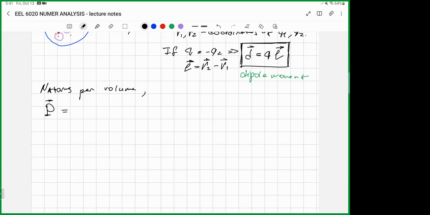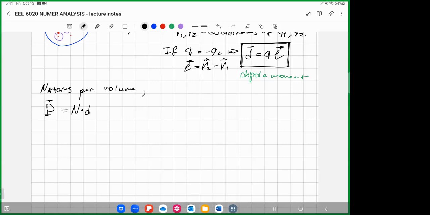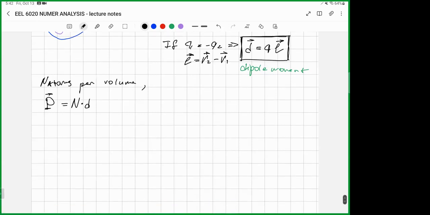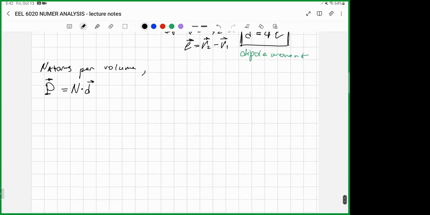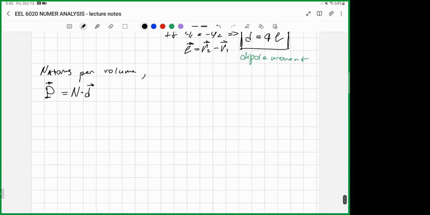Okay, and it's equal to the number of atoms times the dipole moment of each single atom. Of course, atoms can be different, and one needs to average these dipoles and the number of dipoles per volume, average over some parameters, etc. So here we don't discuss these things.